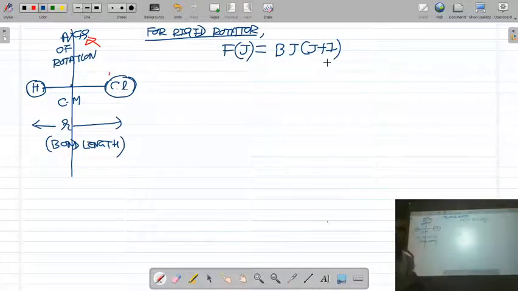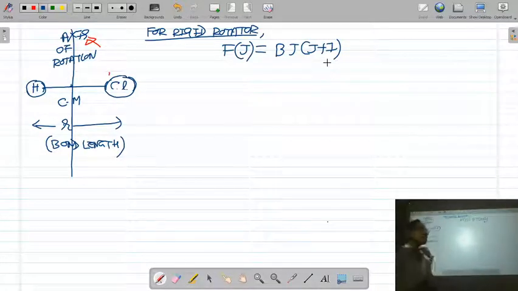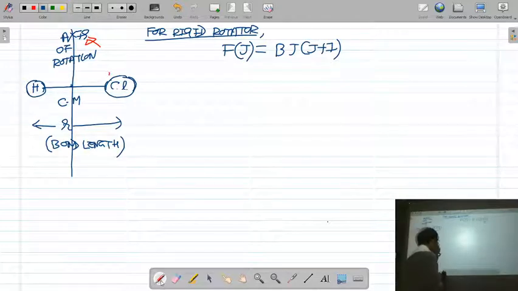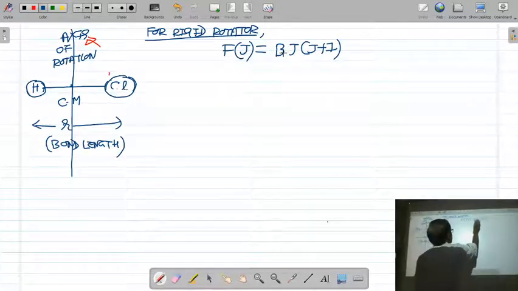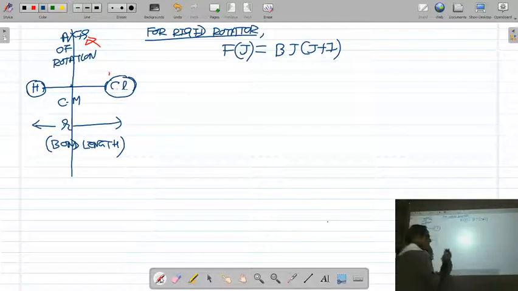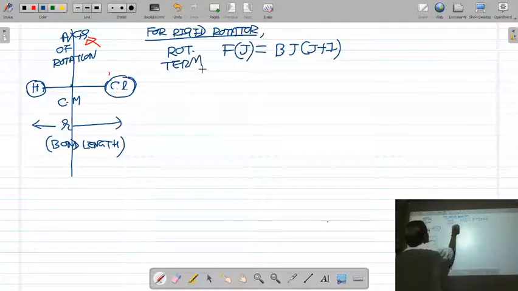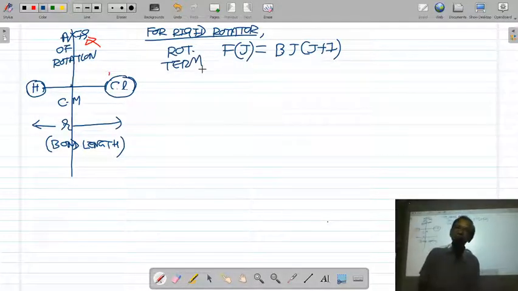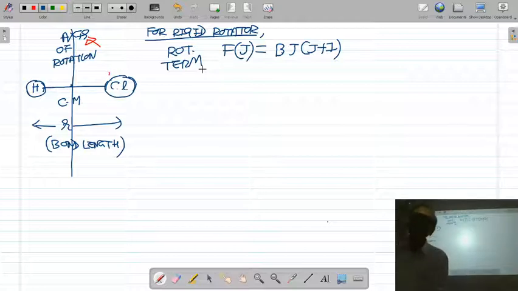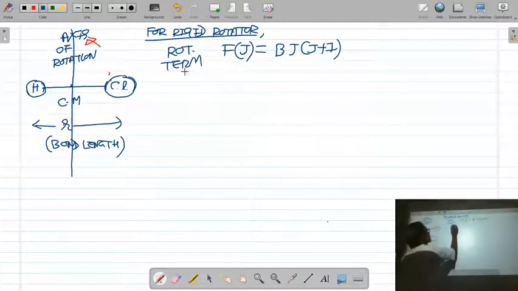We derived this equation in the previous lecture. This Fj is called the rotational wave number, or the other name is rotational term value.